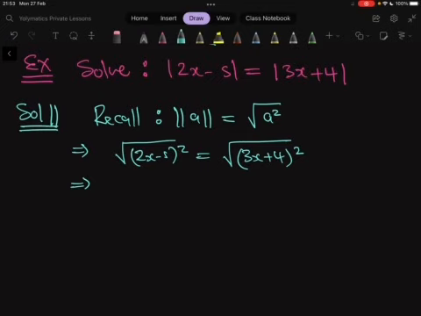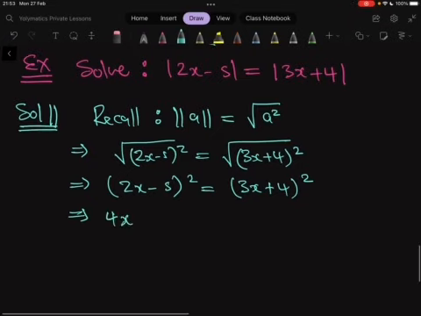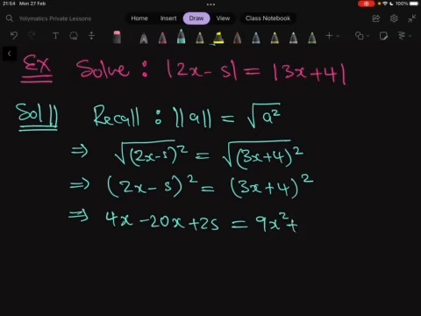So squaring both sides, we'll have 2x minus 5 all squared equals 3x plus 4 all squared. Then expanding, what do we obtain? So we get 4x squared minus 20x plus 25 equals 9x squared plus 24x plus 16.